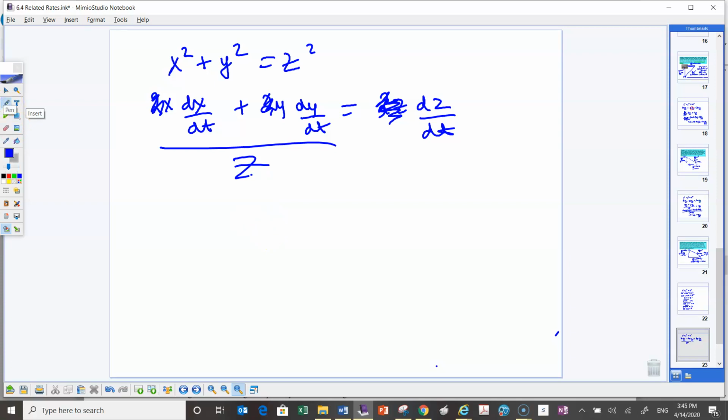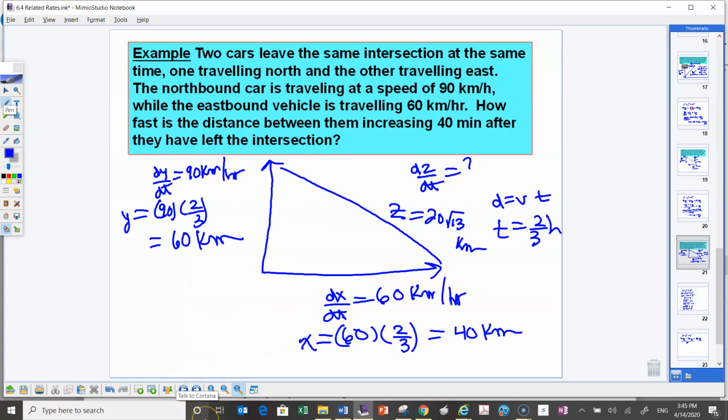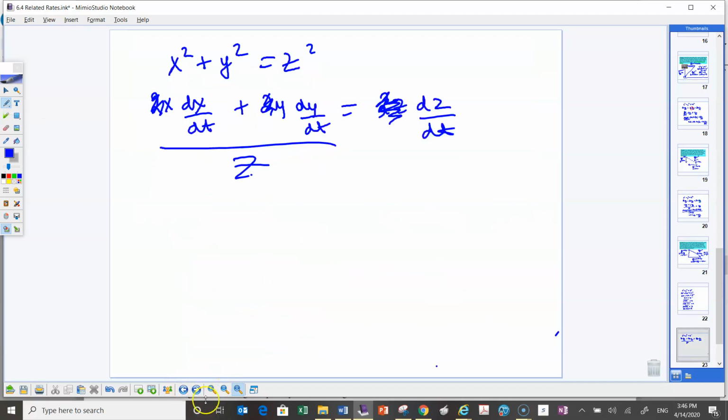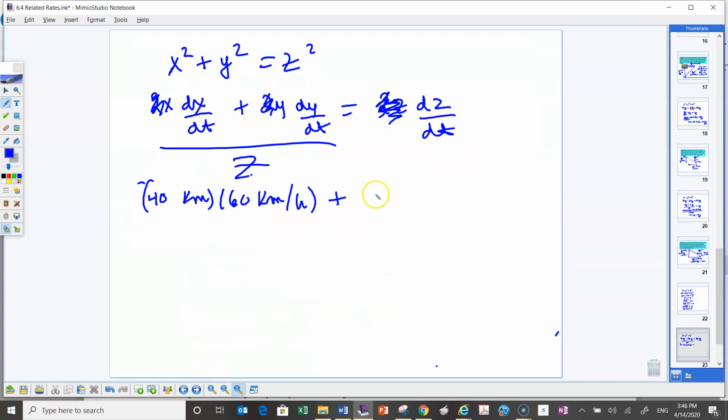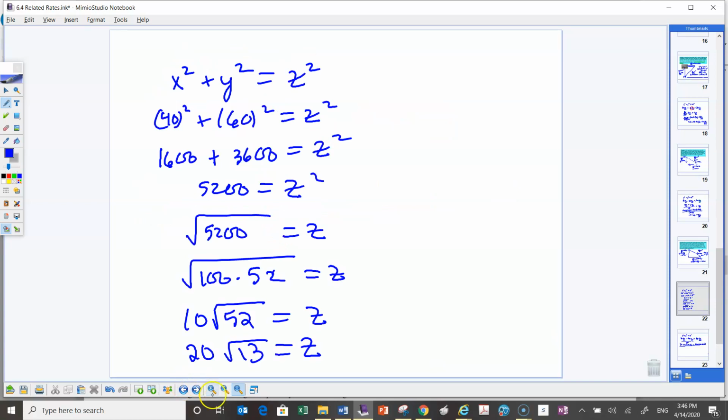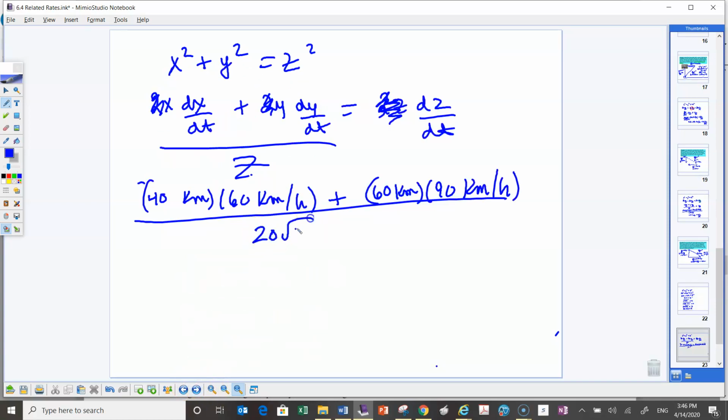So now we plug in our values. x was 40 kilometers, and dx/dt was 60 kilometers per hour. Y was 60 kilometers, and dy/dt was 90 kilometers per hour. And z was 20 root 13 kilometers, and this will equal dz/dt.